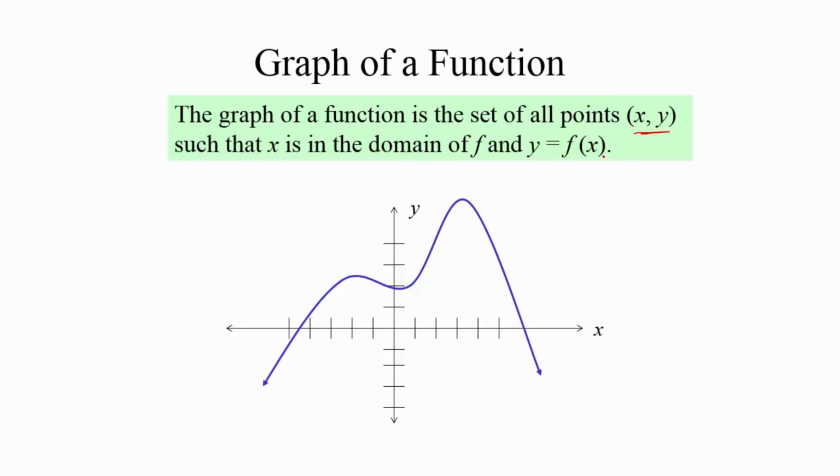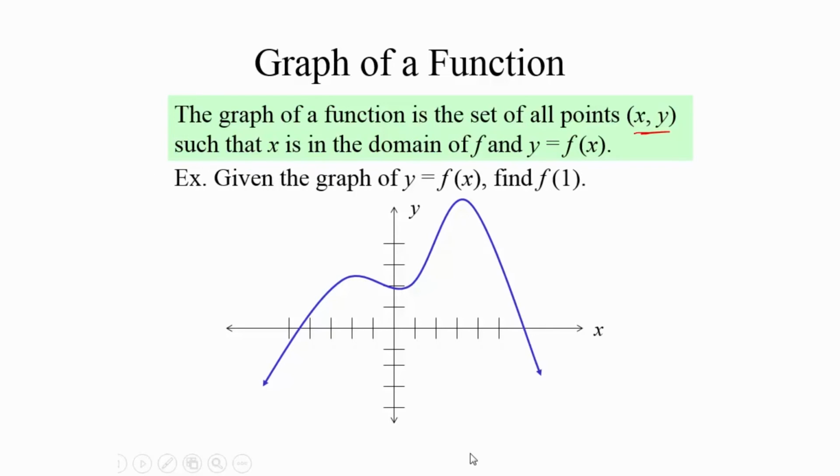So number one, x value has to be part of the domain, and the value of y on the vertical axis would be f of that x, right? So you plug in for x, whatever that value is, as long as the value is part of the domain, and you get the value for y, and then you can graph it, okay?